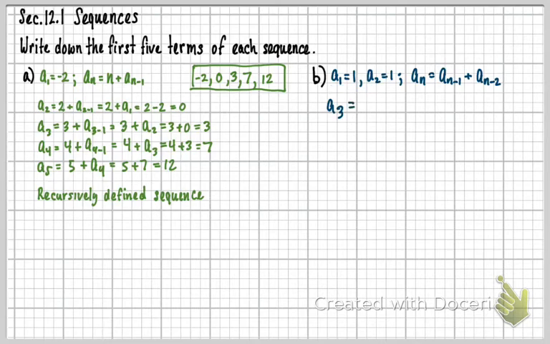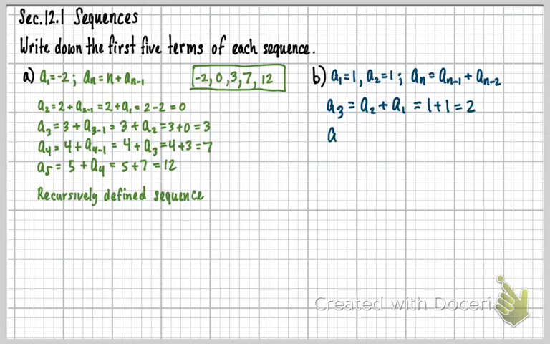Okay, so my A3, and if you know AN minus 1, that's going to be 3 minus 1, so that's going to be my term before it, so that's going to be A2, plus, and this is 2 terms before it, so 3 minus 2 is going to be A1. So we have A1 and A2, and that's what I'm subbing in for this one. I'm adding them. So this is going to be 1 plus 1, which equals 2.